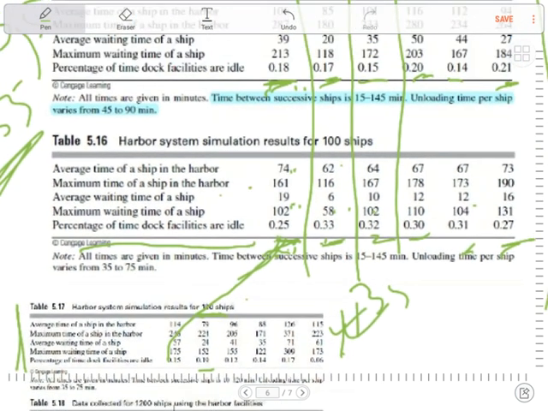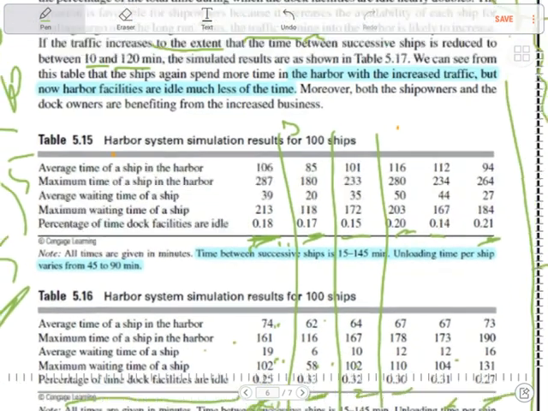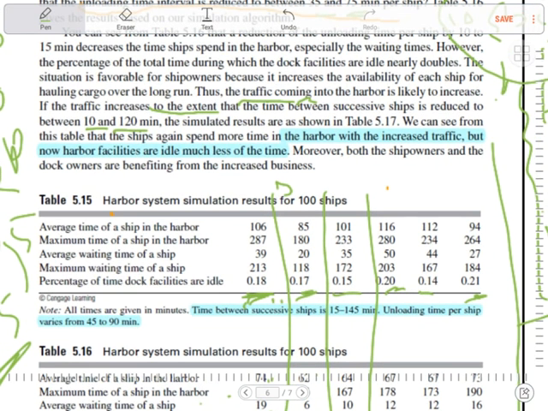So it is yet another modification which we have considered. That is what they said: the simulated results we get by putting between 10 and 120 are in table 5.17. We can see from the table that the ships again spend more time in the harbour with the increased traffic, but now the harbour facilities are idle much less of the time. Moreover, both the ship owners and the dock owners are benefiting from the increased business.